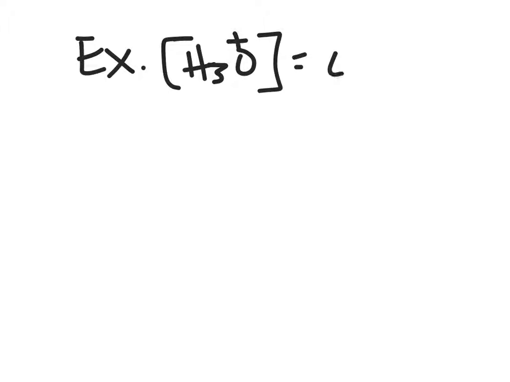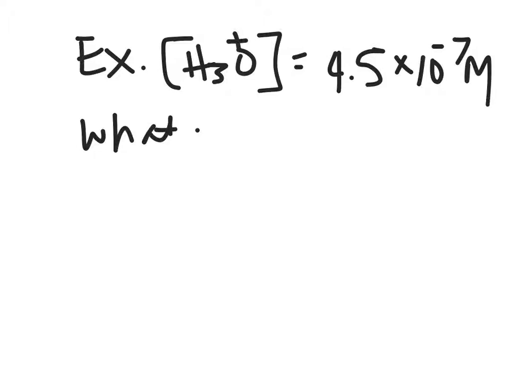So let's say we know that the concentration of hydronium ion, so the amount of H pluses, right, that have been released by an acid, is 4.5 times 10 to the minus 7 molar. Okay, so we want to know then, what is the concentration of hydroxide ions?